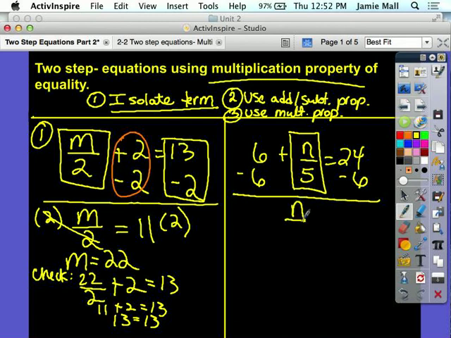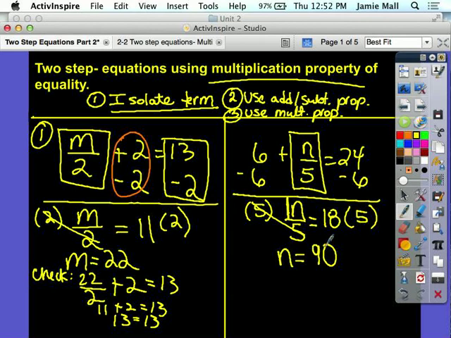I'm left with n over 5 is equal to 18. Now I have one step left to solve. I'm going to multiply both sides of the equation by 5, the reciprocal of 1/5 as we know. And my 5's cancel out, and I am left with n is equal to 90.